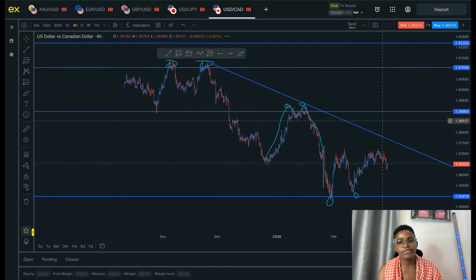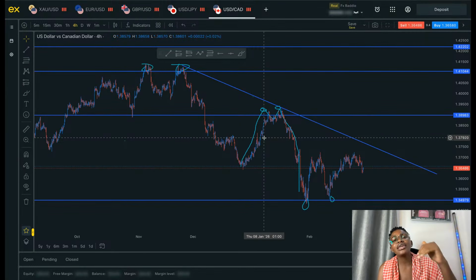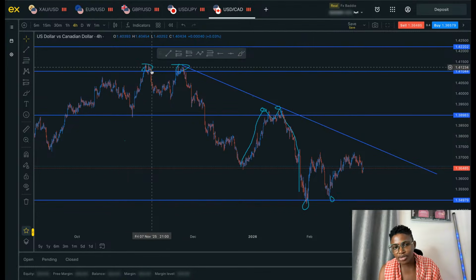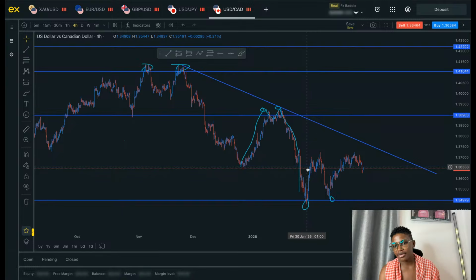So on the 4 hours, we can still see many patterns being formed. That's why I really like USD CAD. You see obvious patterns. Double top here, double top again here, double top here again, right?